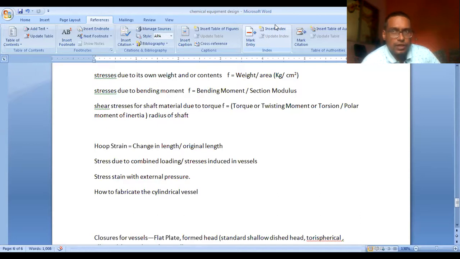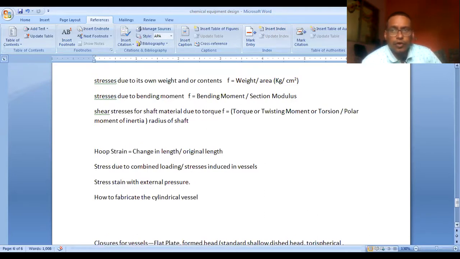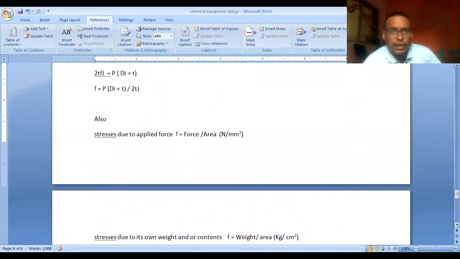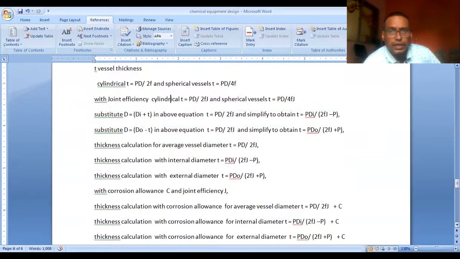Now based on this, we have to solve some problems by considering the different formulas associated with this. We will see that in our next video for calculation of the thickness.